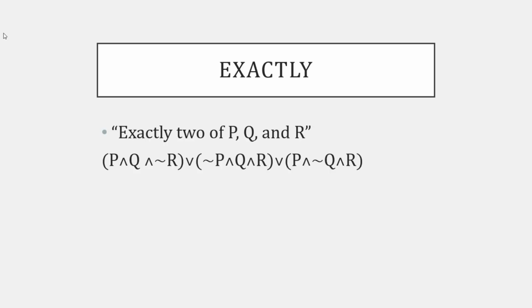So what I'm trying to point out is that if I say exactly two of P, Q, and R, there's no or in that sentence, is there? And there's no and in that sentence. So what you're used to doing when you're doing symbolizations is picking out these indicator words, and, or, but, if, only, right? And just saying, here's the operator that I'm dealing with. But we're using symbolization differently here.